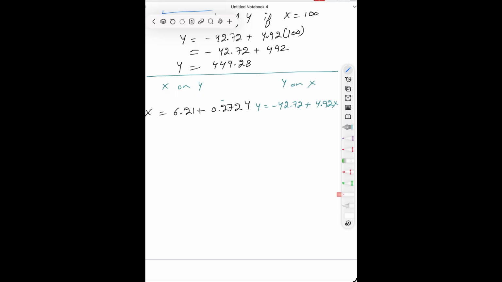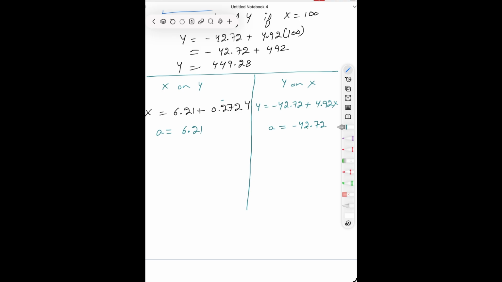So this is my regression equation of x on y. Now, if I ask you what is the value of a in this, you will write 6.21. This is the intercept. Similarly, for y on x, it will be minus 42.72.